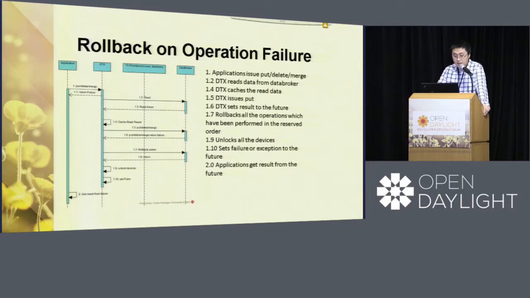By this way, DTX will get the data before the transaction happens, and write the data before the transaction happens to the devices. So all your operations can be rolled back.